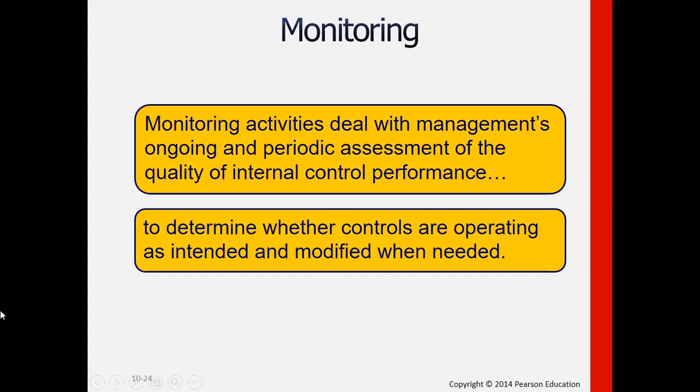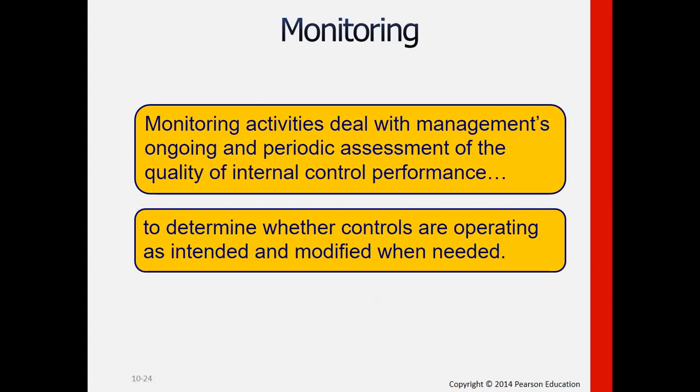And then finally, for part one, monitoring is also very important, because the last component, which is monitoring, the M, because we have to have ongoing and periodic assessment of the quality of internal control performance.